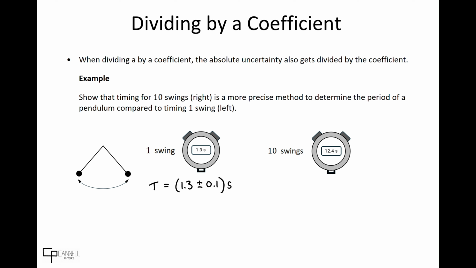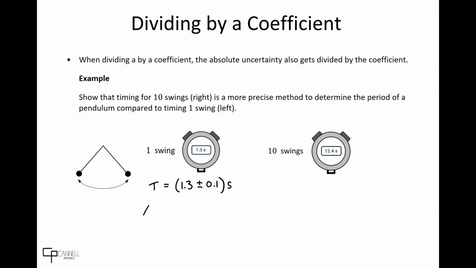So a good measure for precision is the relative or percentage uncertainty, because that tells you how big or small the uncertainty is relative to the quantity. So the smaller the percentage uncertainty, the higher the precision. So that's how we're going to compare the precision of these two measurements, is calculate their percentage uncertainties.